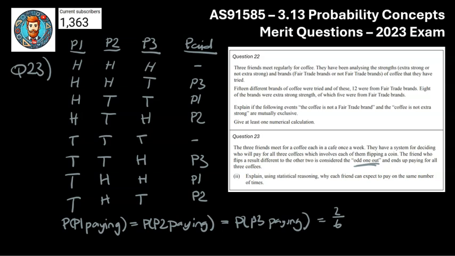So we've now done that. We've now just got to explain what all this means in a short sentence. And really all I wrote here was, all 3 people were equally likely to pay for the coffee.